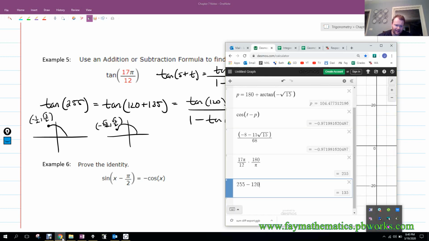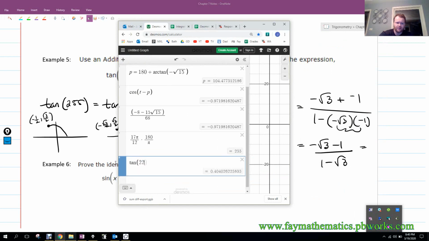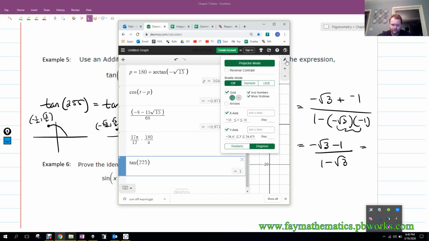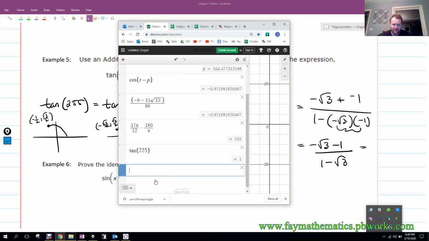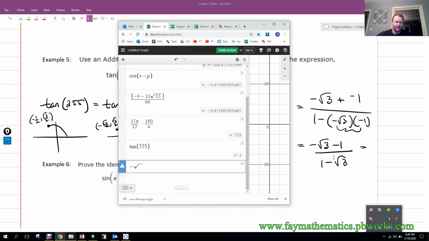So let's, again, double check this. In these situations, your calculator is going to be useful to you. I'm in degrees, and we want tangent 255.